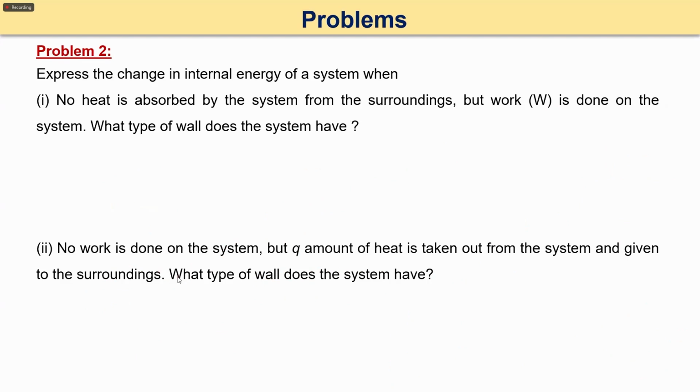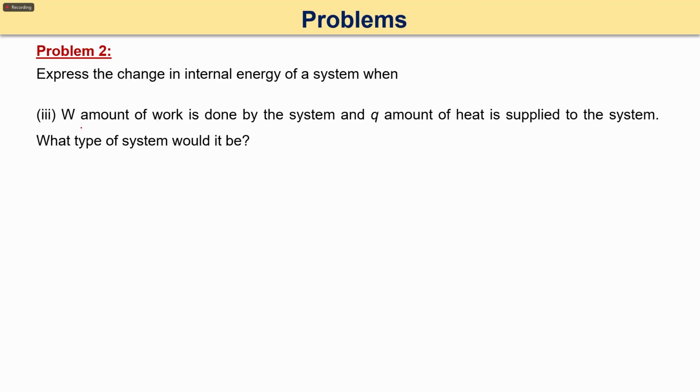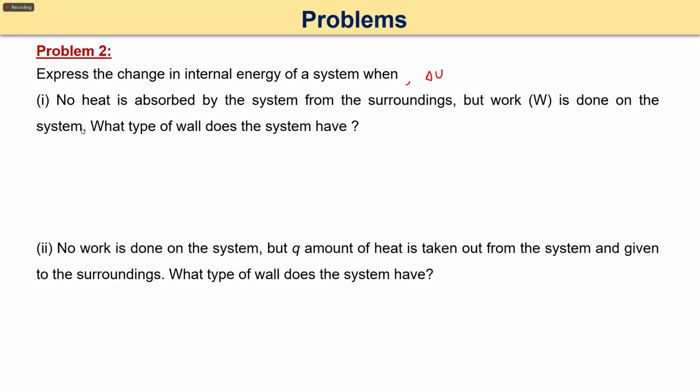Okay. Let us move to the next problem now. Express the change in internal energy of the system, that is ΔU, under the given conditions. So the first case is when no heat is absorbed by the system.